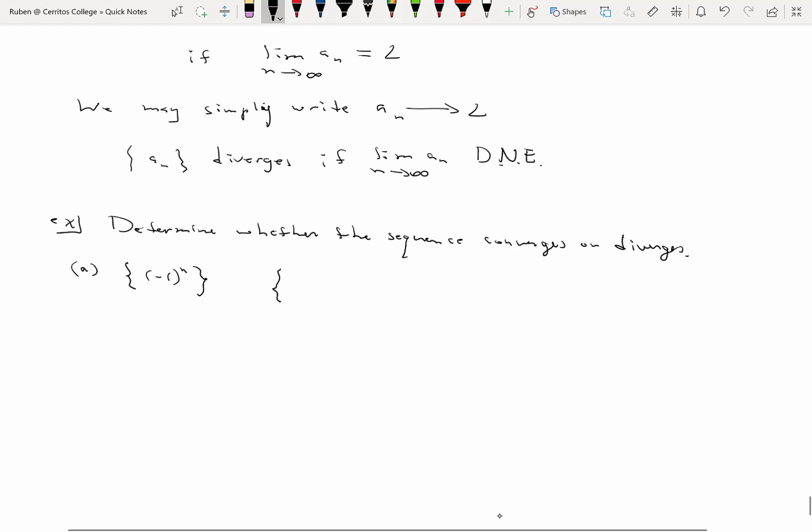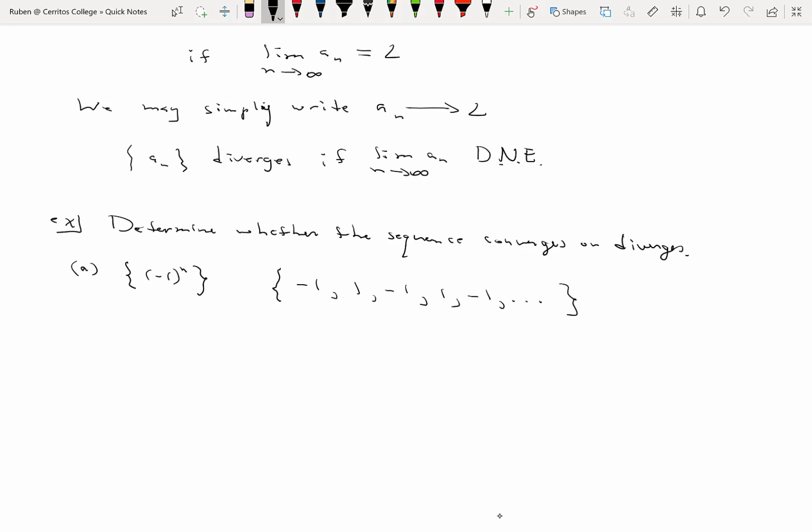When n equals 1, we're looking at -1 to the first power, which is -1. When n equals 2, -1 squared is 1. When n equals 3, -1 cubed is -1. So it looks like the terms in our sequence alternate between -1 and +1.